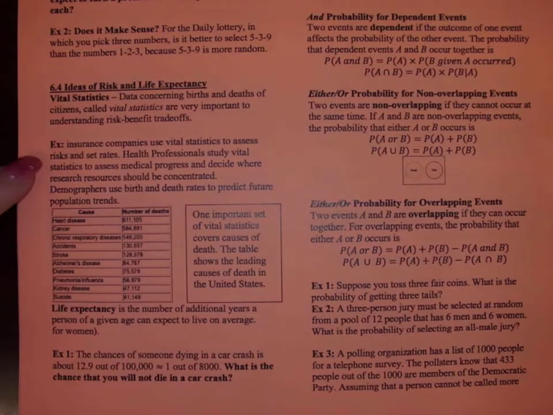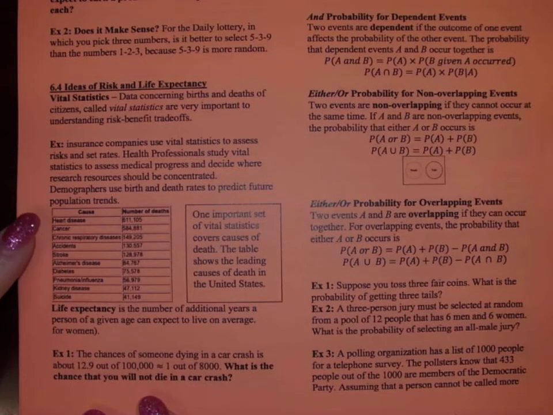So, for example, insurance companies use vital statistics to assess risks and set rates. Health professionals study the vital statistics to assess medical progress and decide whether research resources should be concentrated. And then demographers use birth and death rates to predict future population trends.